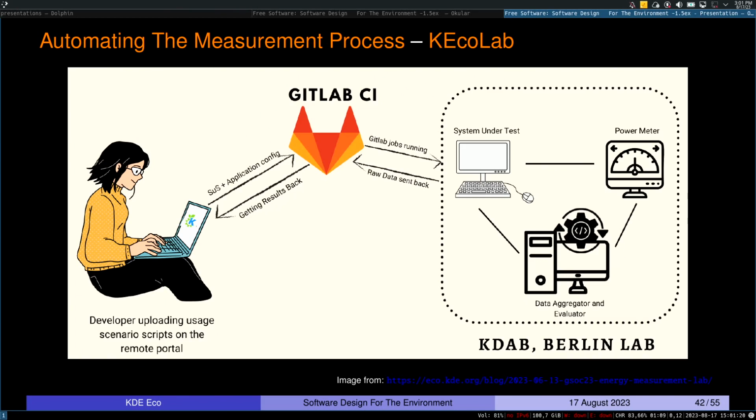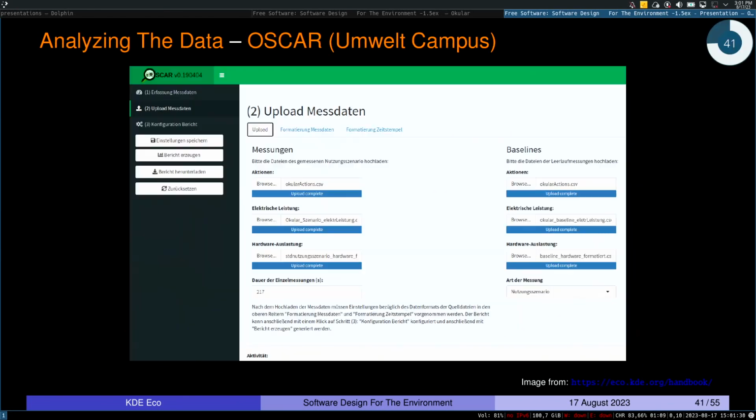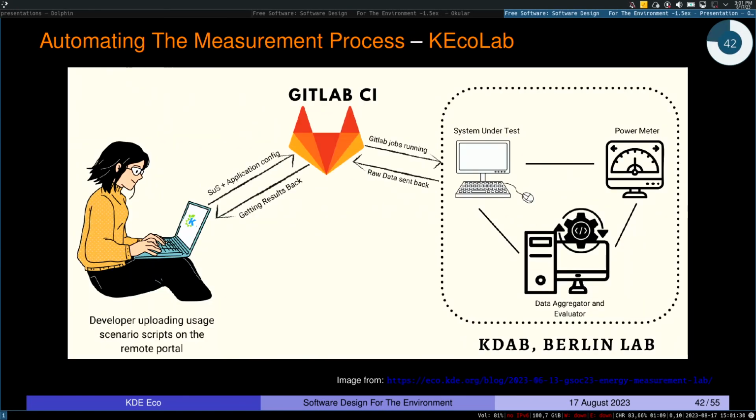So all you have to do is define the usage scenario, and then you get some energy consumption measurements related to your software. And of course, all of this is KDE free software, so anyone can take it and adapt it to their needs.